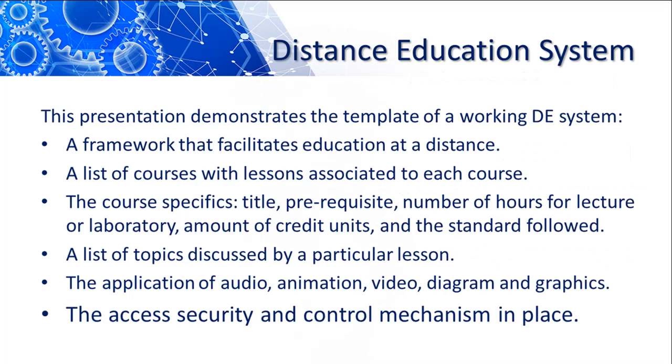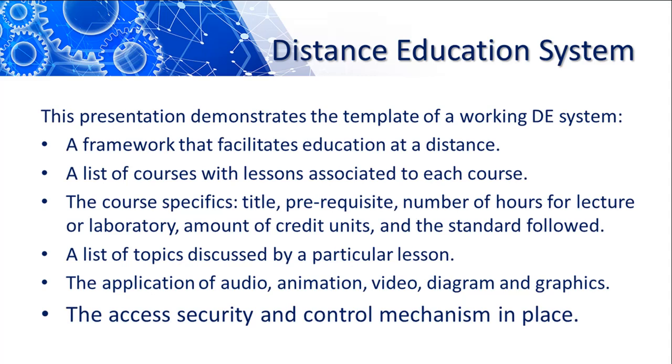The following elements of the DE system will be demonstrated. Number 1, a prototype software that can manage lesson delivery at a distance. Number 2, a list of courses with lessons associated to each course. Number 3, the course markings such as title, prerequisite, hours for lecture and laboratory, amount of credit units, and reference standard.